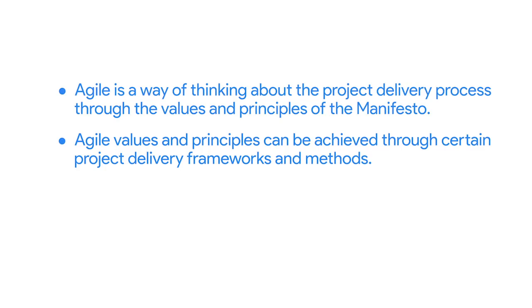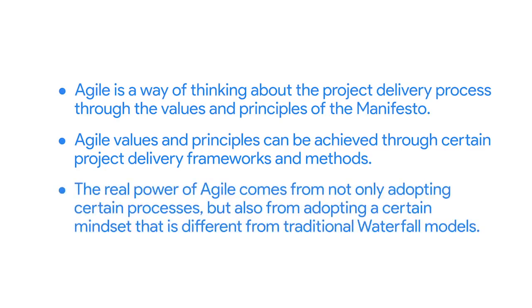These two ways of applying Agile demonstrate that the real power of Agile comes from not only adopting certain processes or strategies, but also from adopting a certain kind of mindset, one that is necessarily different from the traditional waterfall models. This means that you can still get some benefits from thinking in an Agile way, and seek to apply those Agile values and principles from the Agile Manifesto, even when you need to use a waterfall delivery approach.